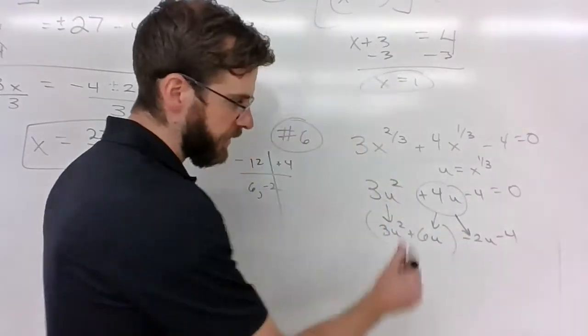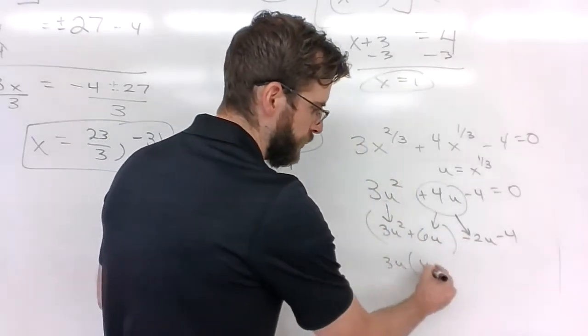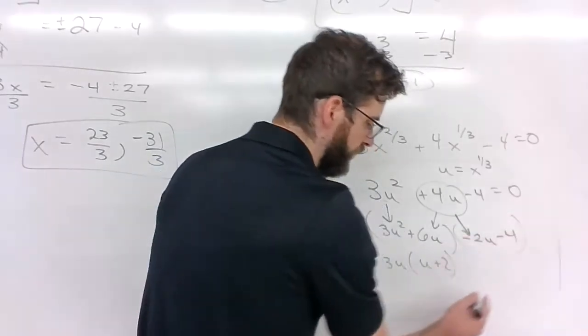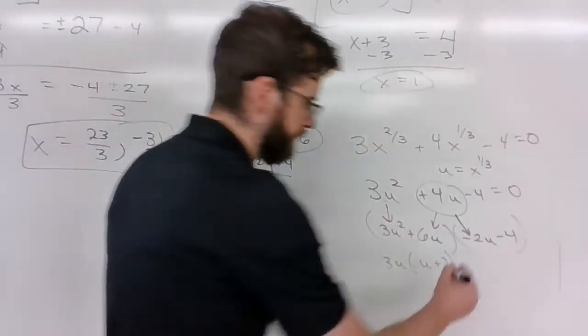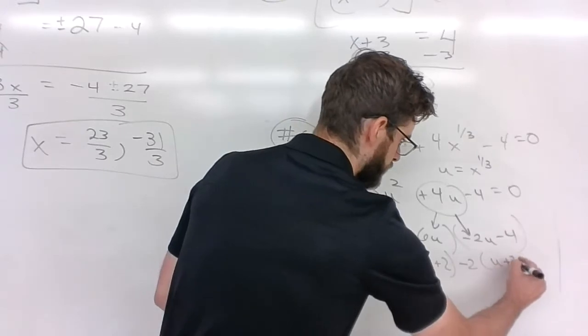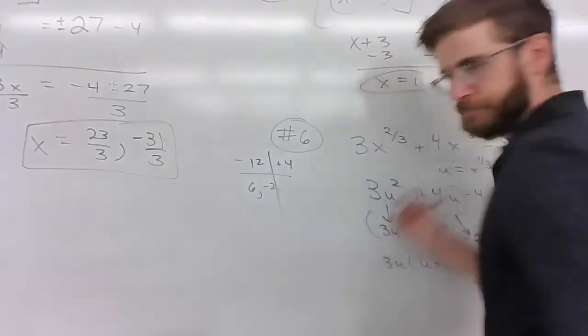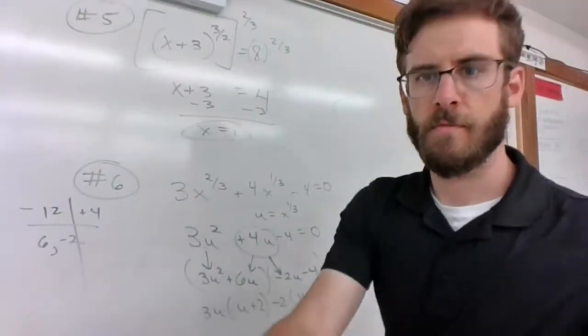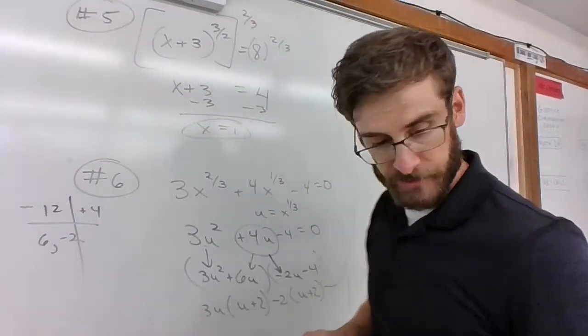So group those together, you get 3u times u plus 2. Group these together, you can divide out a negative 2. This marker's dying fast.